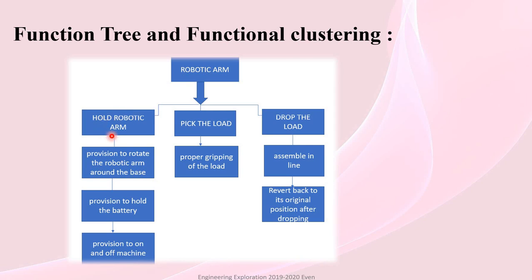For holding the entire robotic arm: the provision to rotate the robotic arm around the base, the provision to hold the battery, and the provision to turn the machine on and off. For picking the load: proper gripping of the load. For dropping the load: it should assemble in line, and the robotic arm should revert back to its original position after dropping.